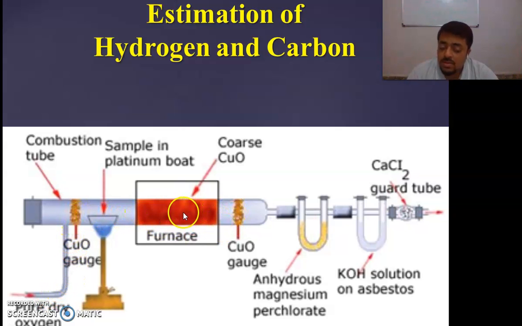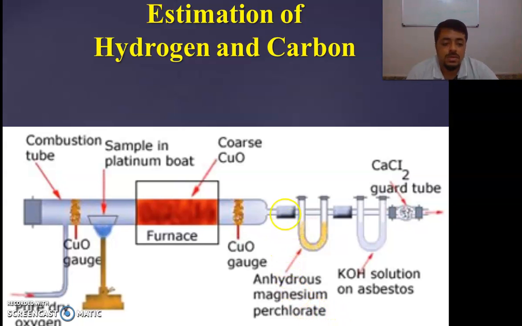In the furnace, the products, moisture and CO2, are converted into pure gases, which flow down to the first U-shaped tube, containing anhydrous magnesium perchlorate or anhydrous calcium chloride. This traps the moisture from the gaseous products.